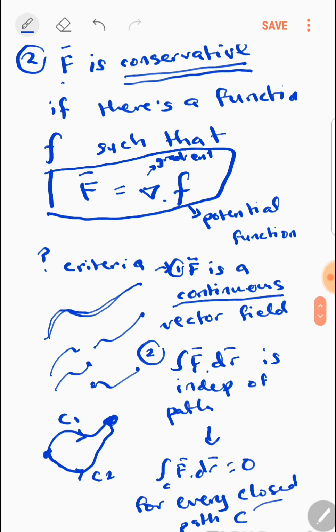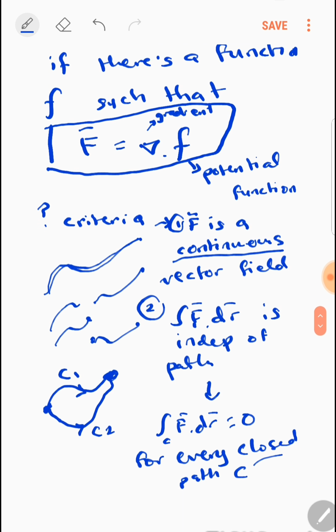Okay, so now that we have looked at the fundamental theorem, the third thing that we want to look at is the curl. So what do we know about curl exactly?